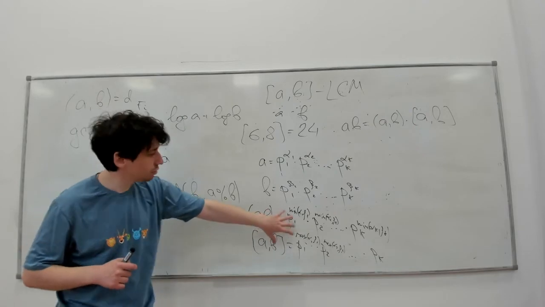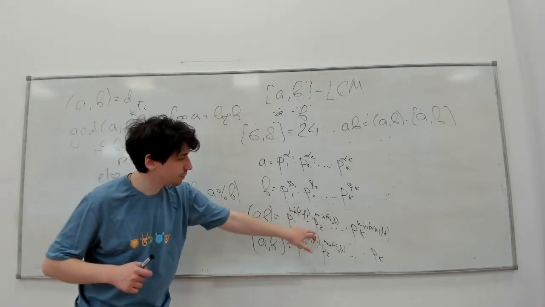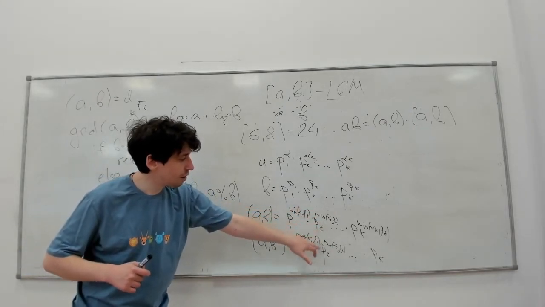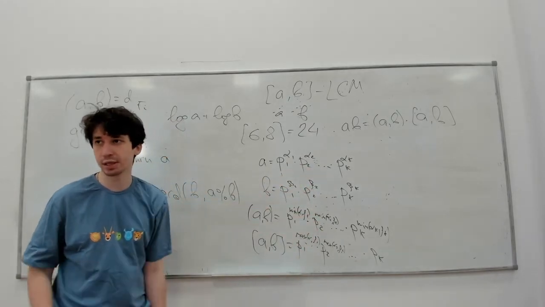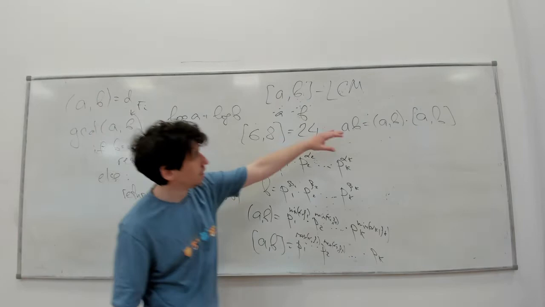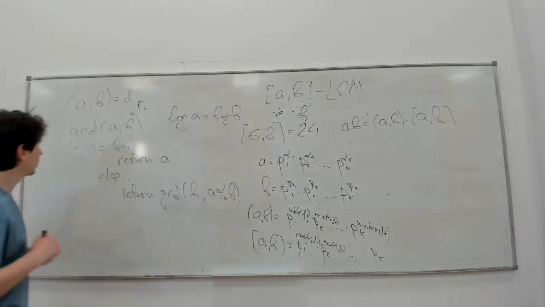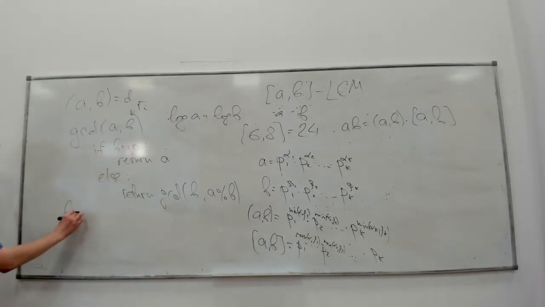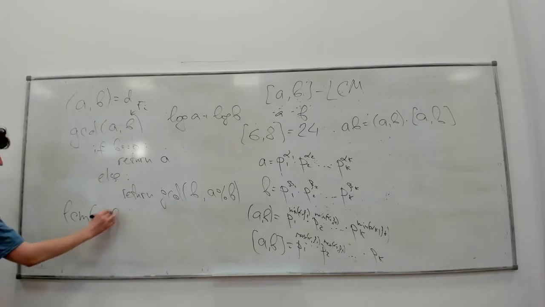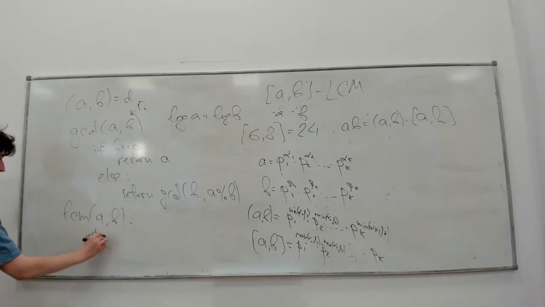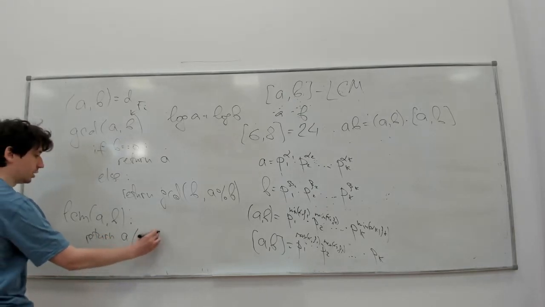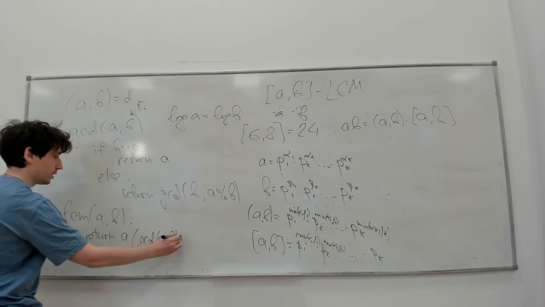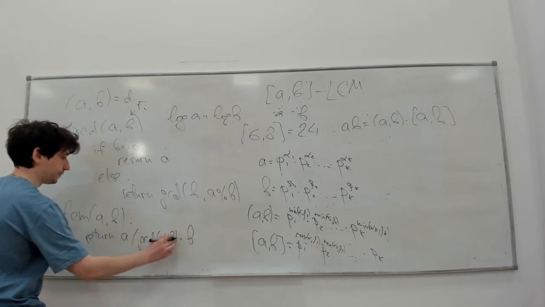So out of two powers, both of them are present in the GCD and LCM. Then the algorithm for LCM becomes quite simple: LCM of A and B returns A divided by GCD(A, B), multiplied by B.